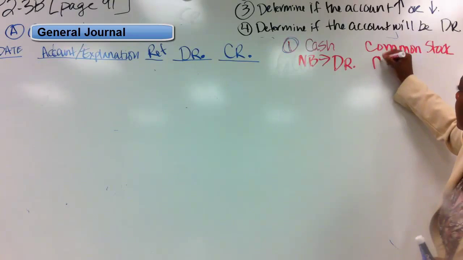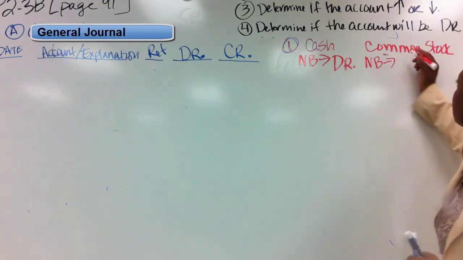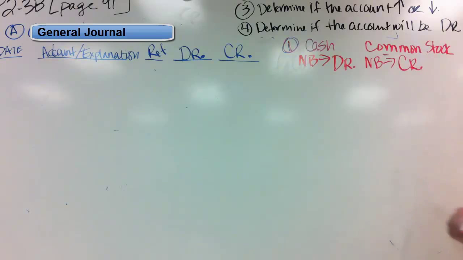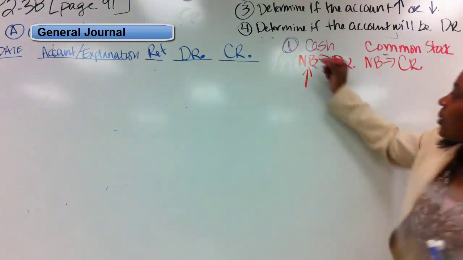So common stock has a normal balance of credit. So that's step 2. Now is it going to go up or go down for cash? Are we receiving cash or paying out cash? We're receiving cash, so that's going to increase. The transaction is going to increase our cash, so it's going to go up.